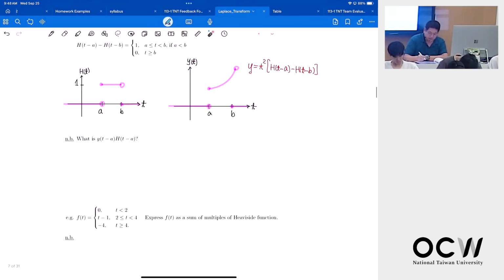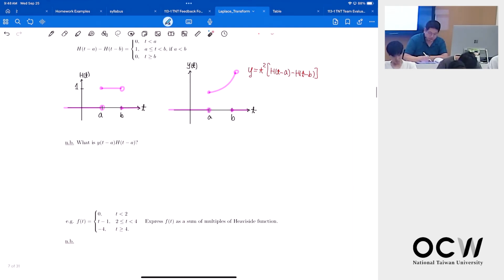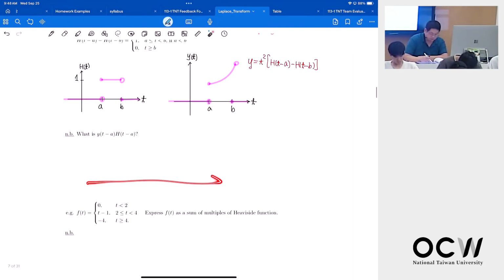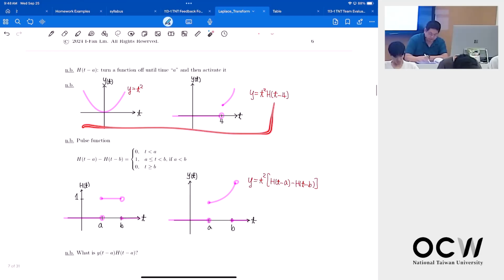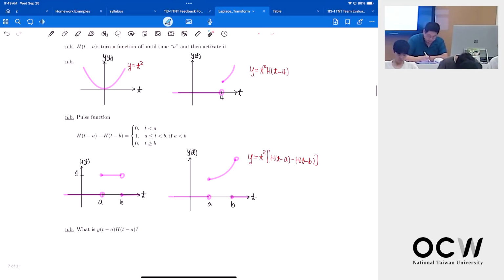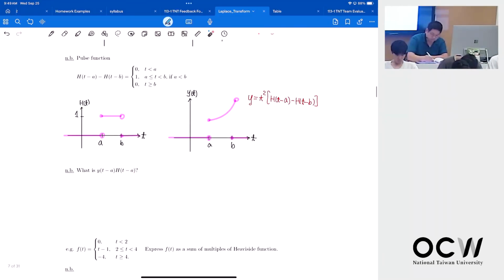You can draw your answer on the screen. Based on that information, if y is still t squared, then y of t minus a times this shifted Heaviside function. I'll give you 1 minute. Then you can draw the answer here.